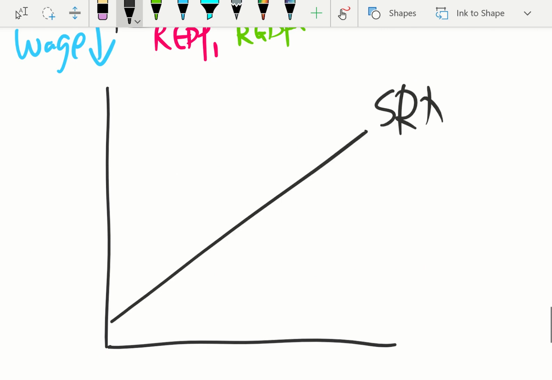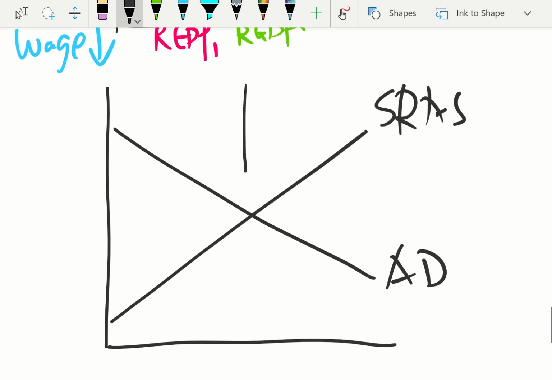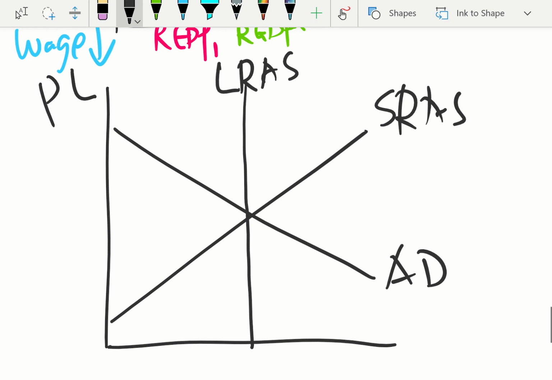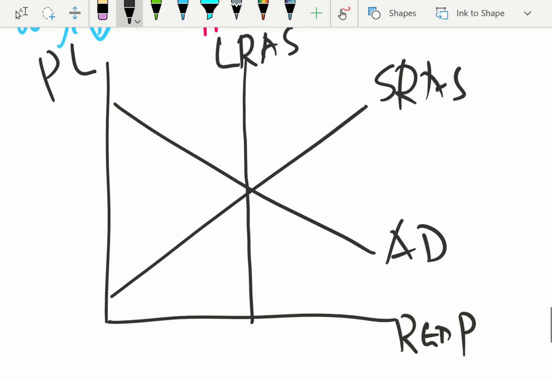So short run aggregate supply curve, aggregate demand curve. Now we have our long run aggregate supply curve. This is the price level. This is real GDP. Give me some more room. So this is our initial price level. This is our initial real GDP level.